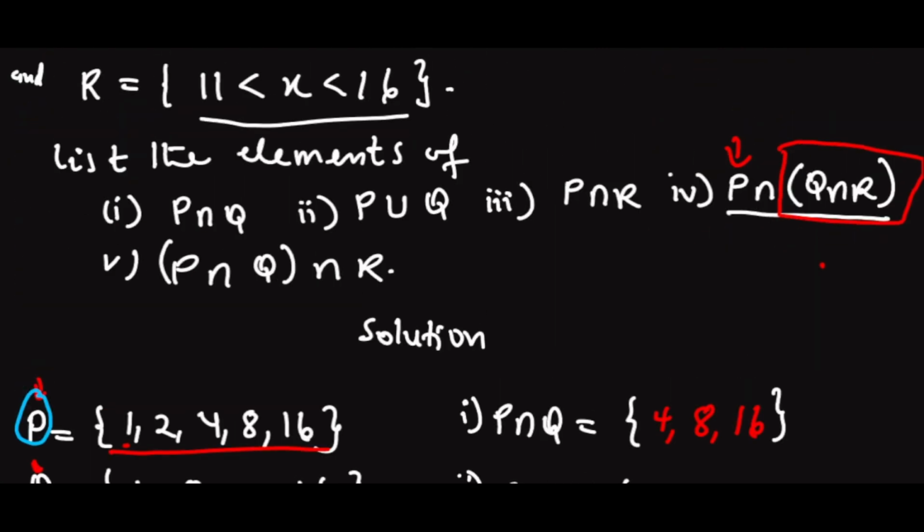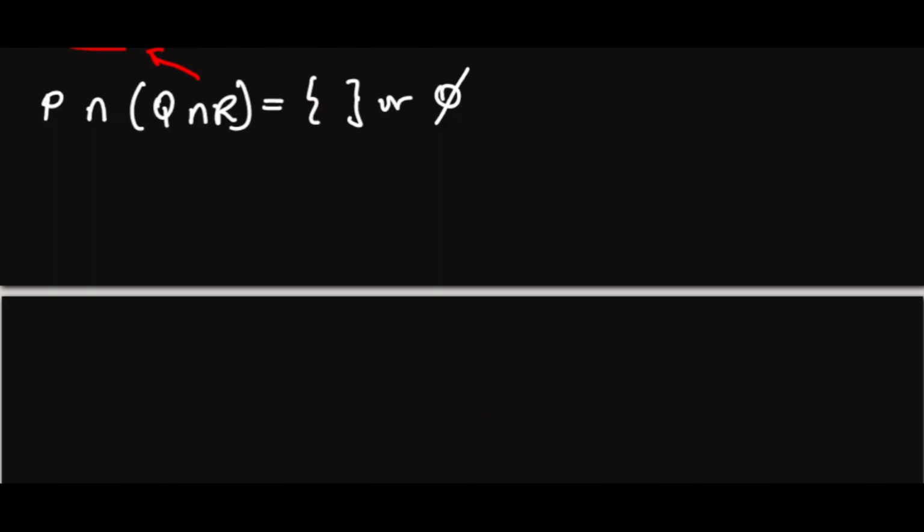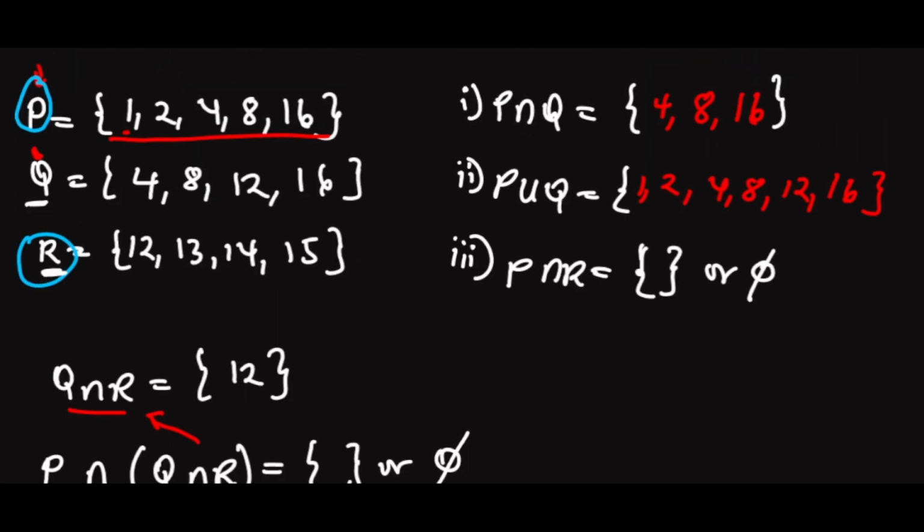And the last one says we should find P intersection Q, or intersection R. So first of all, we need to find P intersection Q. So P intersection Q is going to be equal to, now let's look at the elements of P and Q. I can see 4 and 4.